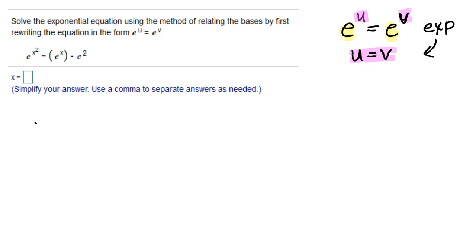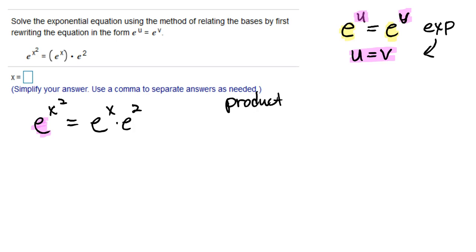Our equation says e to the x squared equals e to the x times e squared. On the left, I already have what I'm looking for, a base of e. On the right, I've got to simplify using my rules of exponentials. So one of the rules is called the product rule.